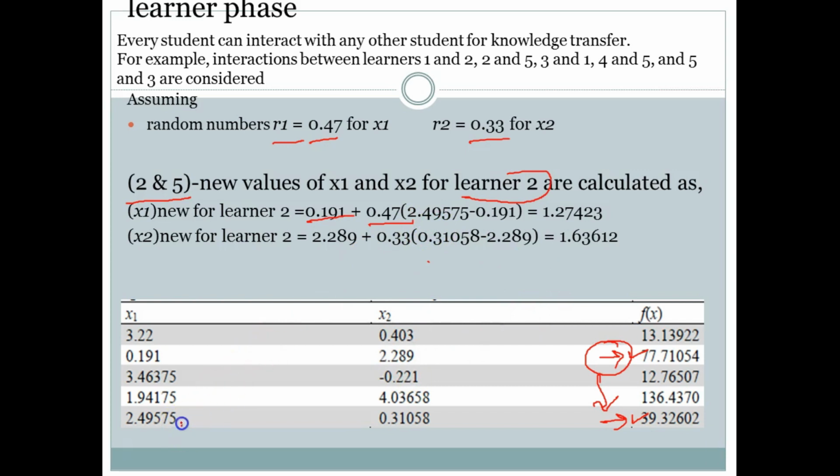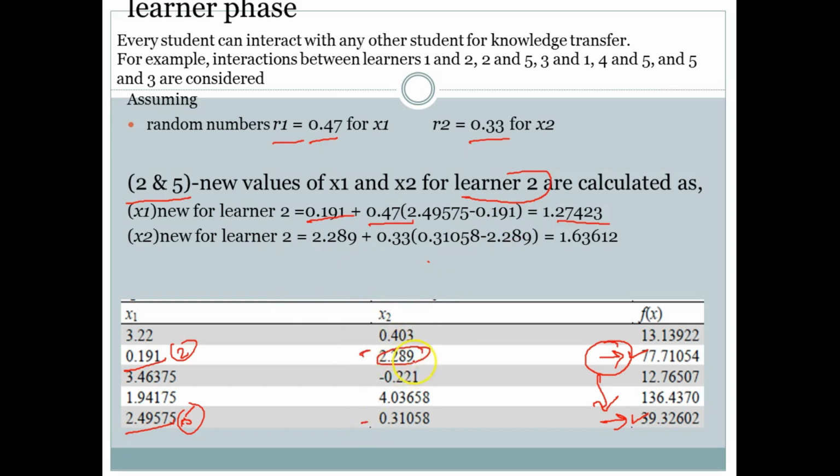So this is for fifth, this is for second. So 2.4975 minus this, and this gives you 1.27423.